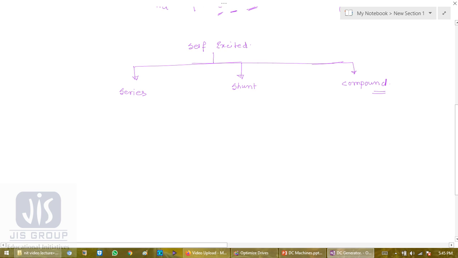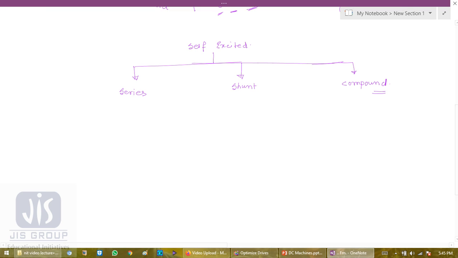Okay, now here it is self excitation. That means the current to the field winding is supplied by the voltage source available across the armature of the same machine. So that we have to keep in mind.